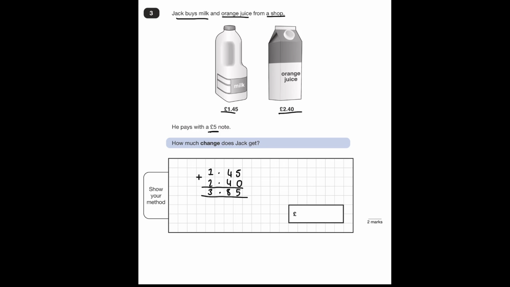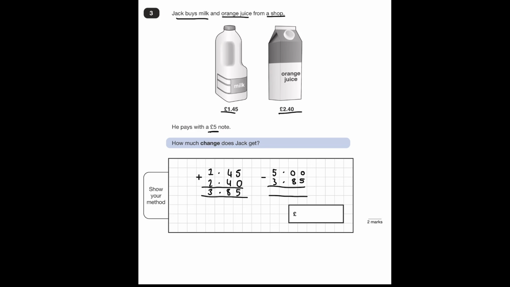And now we need to do £5, which is the amount that he paid, minus £3.85, which is the total cost of milk and orange juice, to see how much change Jack gets. Can't take 5 hundredths from nothing.